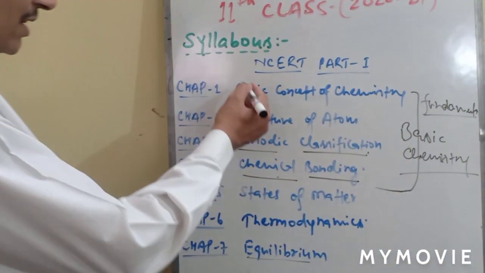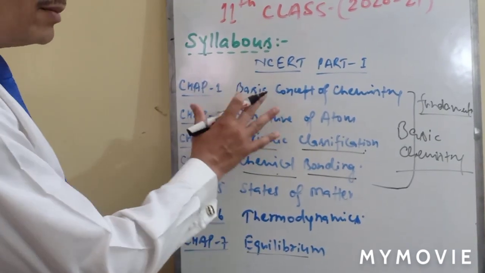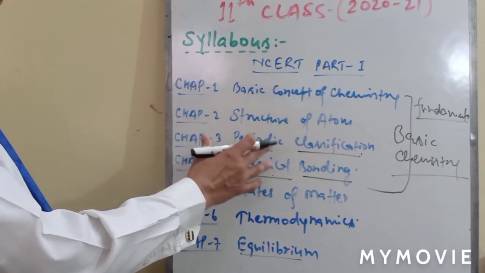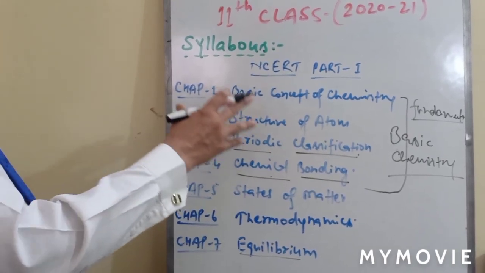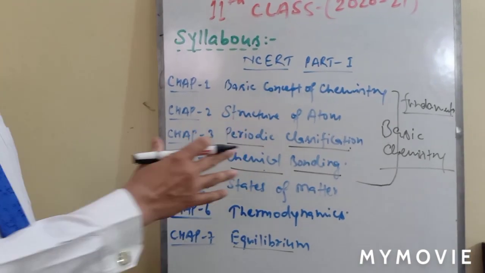So these first 4 chapters are the basic fundamentals of chemistry. You have to study them seriously and sincerely. You have to focus on these chapters, and I will explain them in detail during the class.